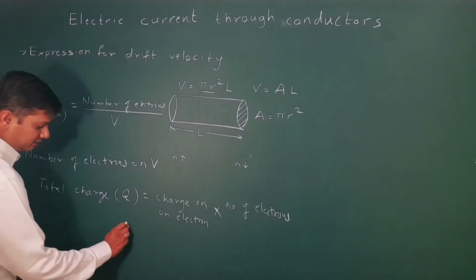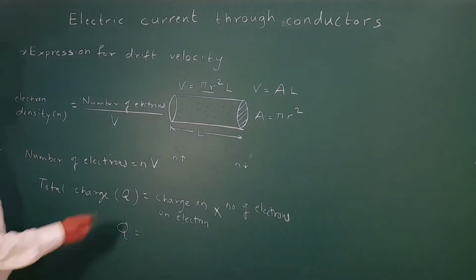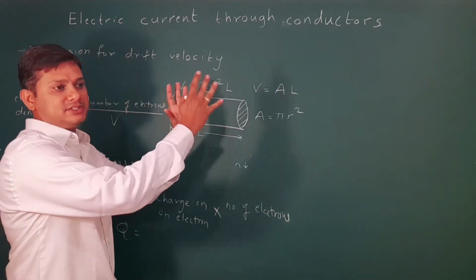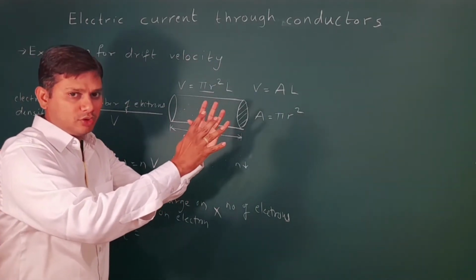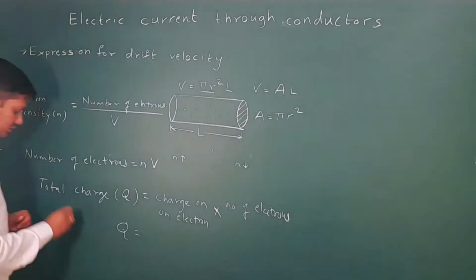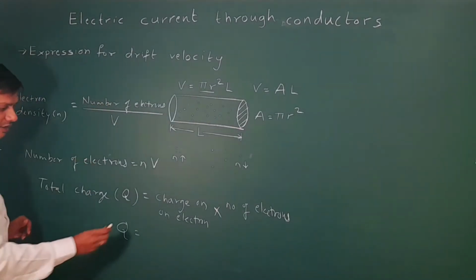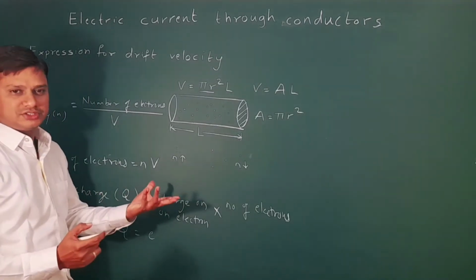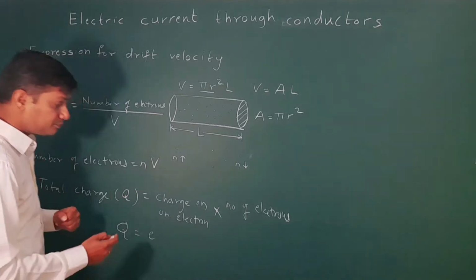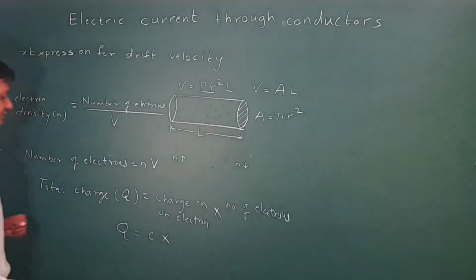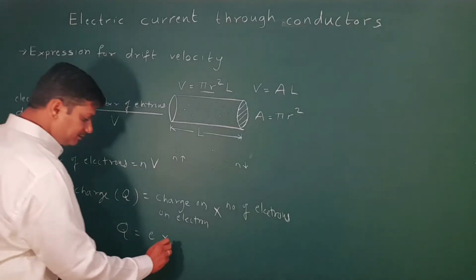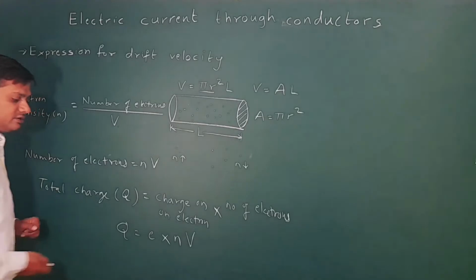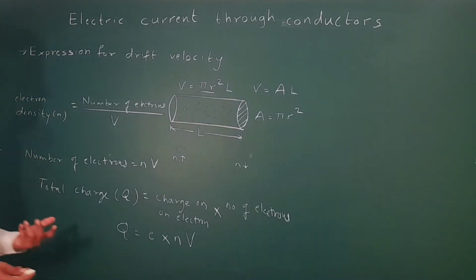When we connect a battery, the electrons will get drifted in one direction towards the positive terminal of the battery. So the total charge flowing can be written as charge on one electron, that is e, which we know is 1.6 into 10 raised to minus 19 coulomb, into number of electrons. Number of electrons is n into V, where n is electron density and V is the volume of the conductor.